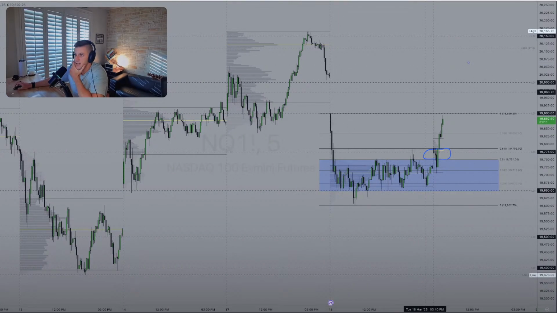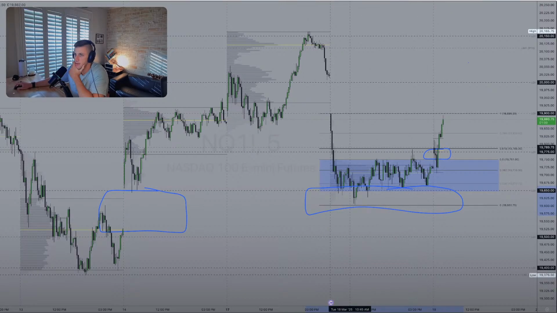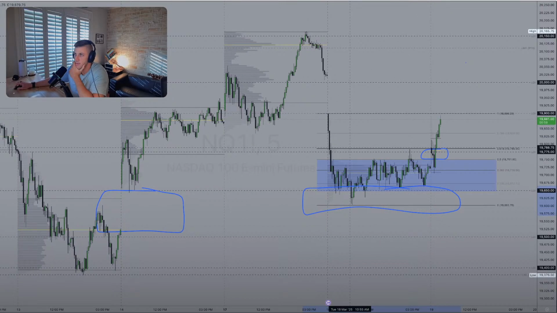So if we look at the RTH chart, you have this gap that was defended for the most part yesterday. Now there's this unfilled gap right through here.